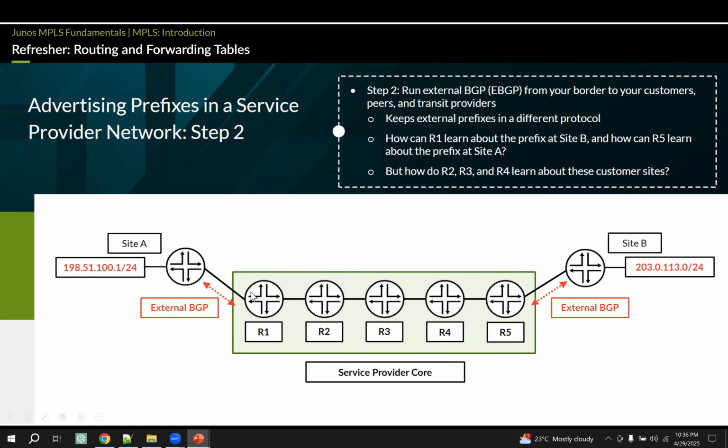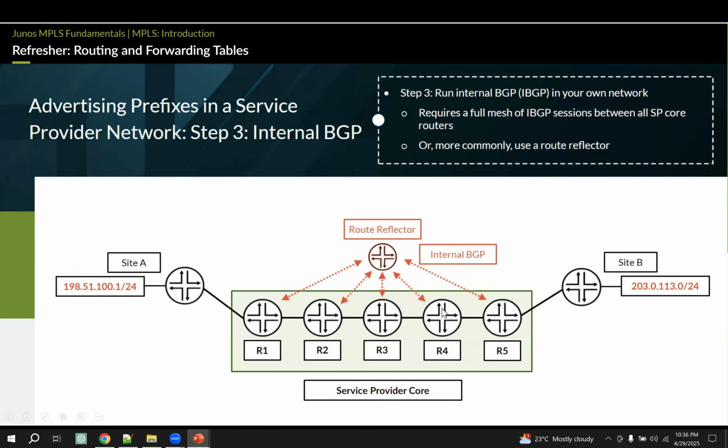External BGP is eBGP, and inside the service provider it will be IBGP. So see here, the service provider has multiple routers. So there is some problem. Like this prefix, R1 is getting this prefix through eBGP.